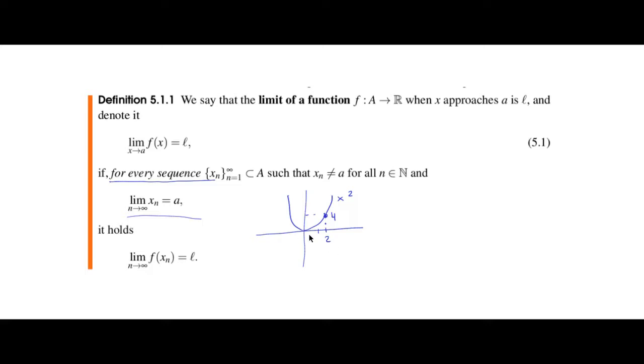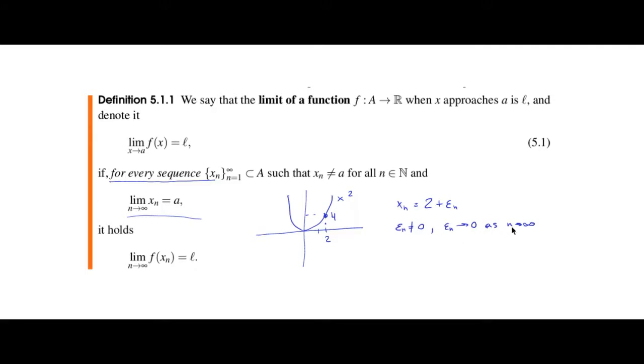So how do we formalize getting closer and closer to 2? We can take a sequence x sub n equal to 2 plus epsilon sub n, where epsilon sub n is a sequence that's different from 0 at every point, and the limit as n goes to infinity of this sequence is 0.